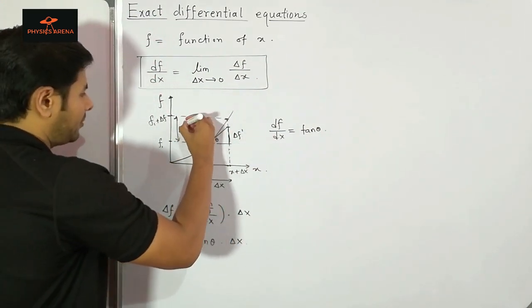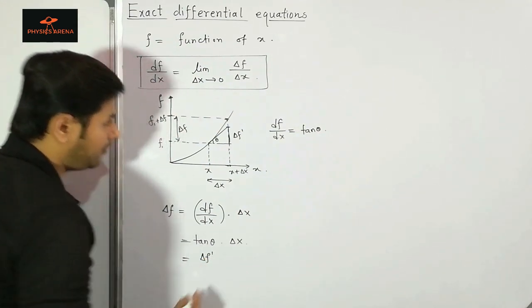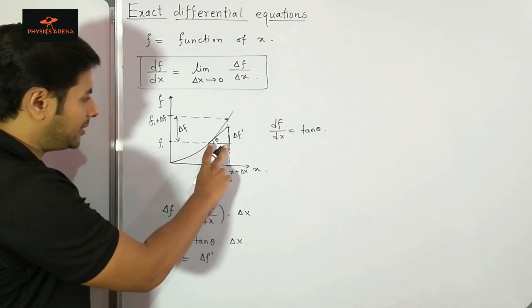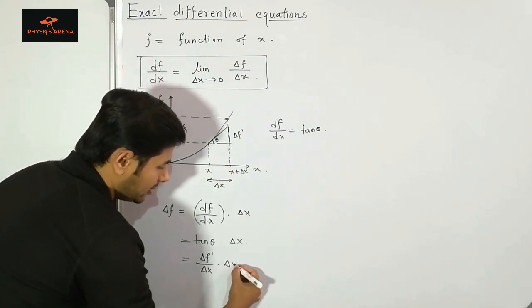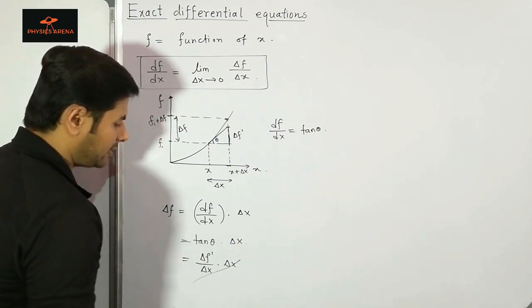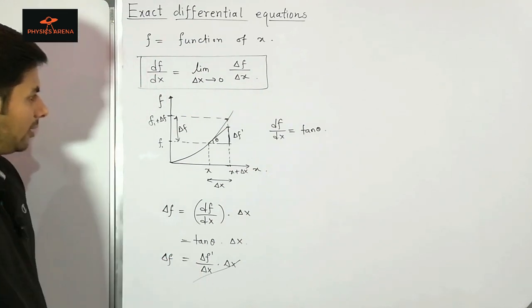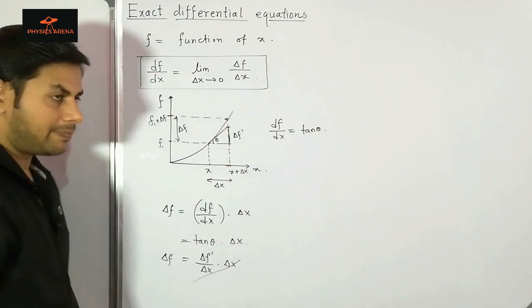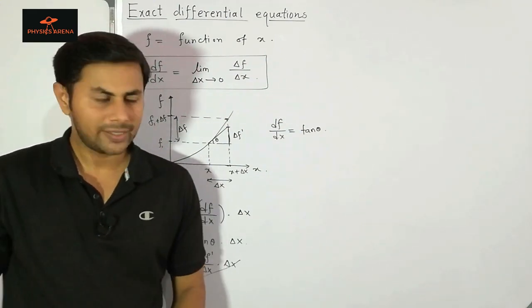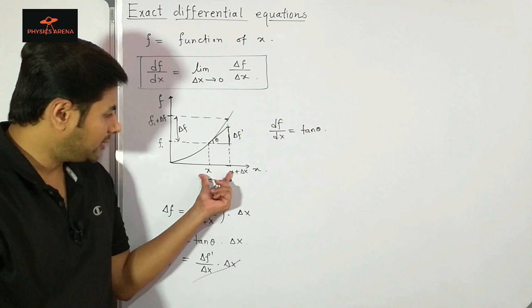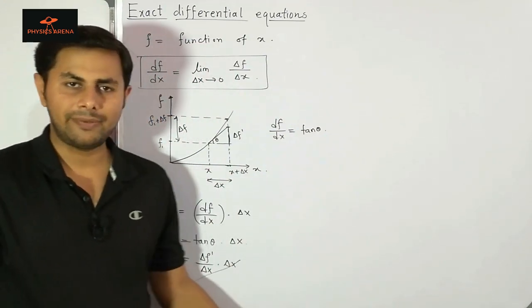Tan theta is delta f prime, the opposite side, divided by this adjacent side, delta x. So delta x and delta x cancel, and we have delta f equals delta f prime, which is not quite true in this case.